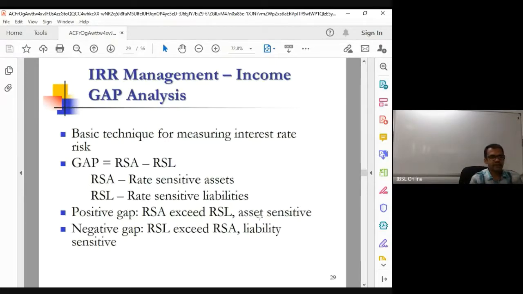When we have a negative gap, it's the other way around. That means rate sensitive liabilities are more than the rate sensitive assets. Then our balance sheet is sensitive to the liabilities, not to the assets. So when we have a negative gap, we call it liability sensitive.